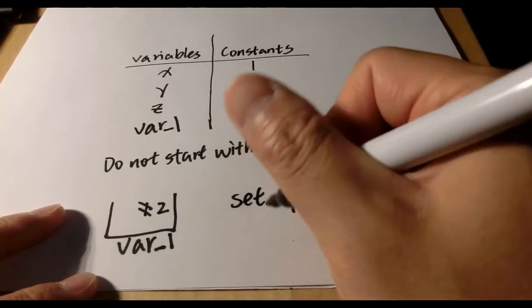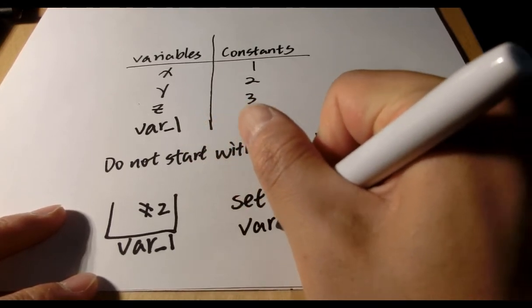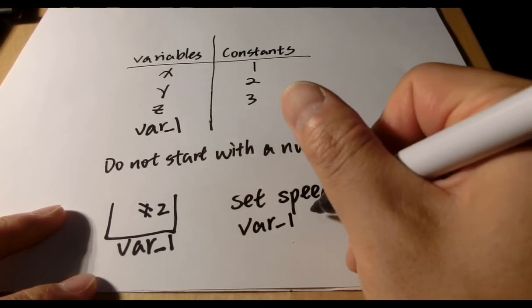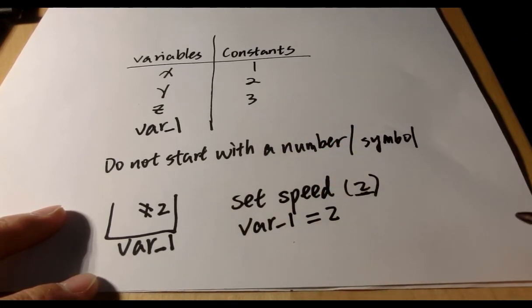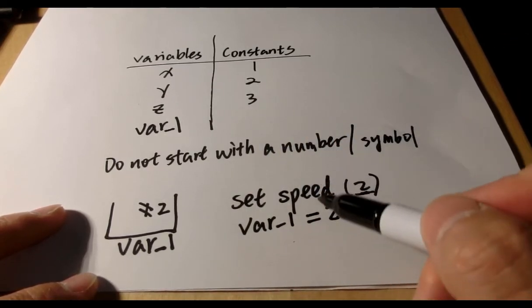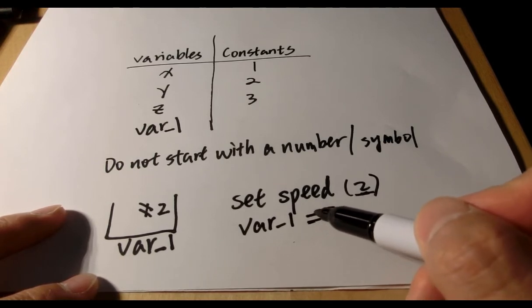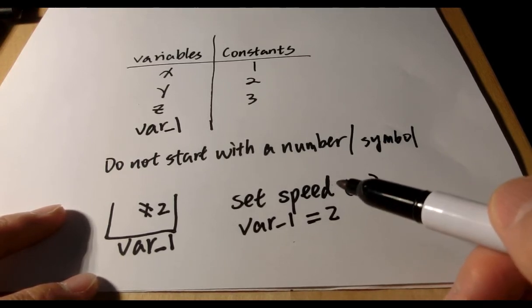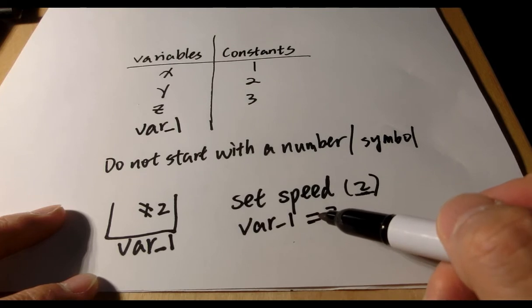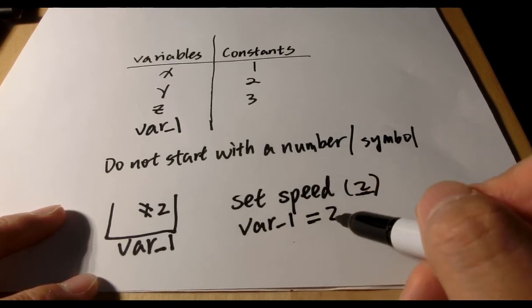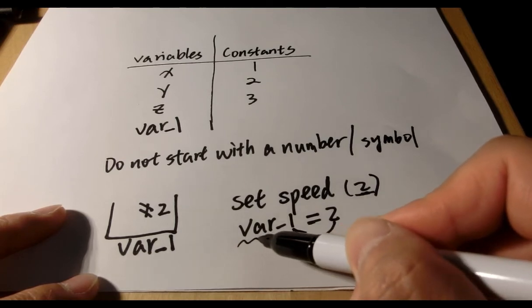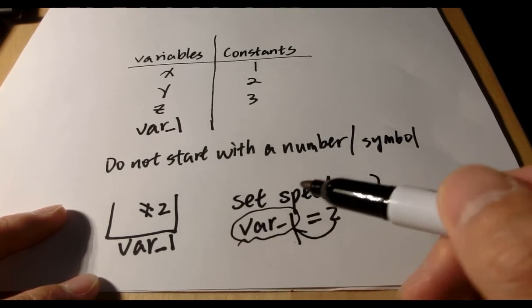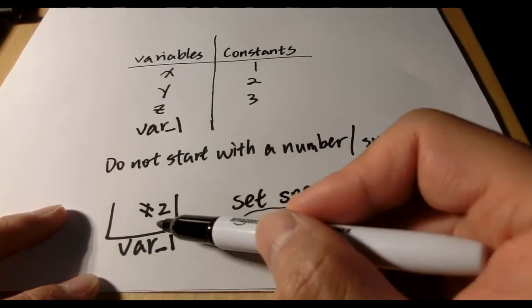If you do var_1 equals a number, be careful. Whenever you see this in computer programming, it doesn't mean equal. It means assign. It's actually assigning the number 2 to this variable, which is exactly putting this number in this box.